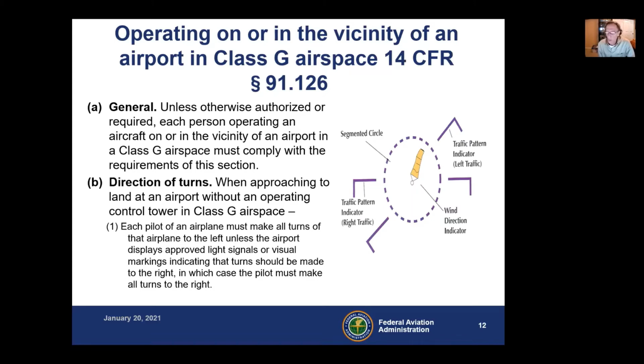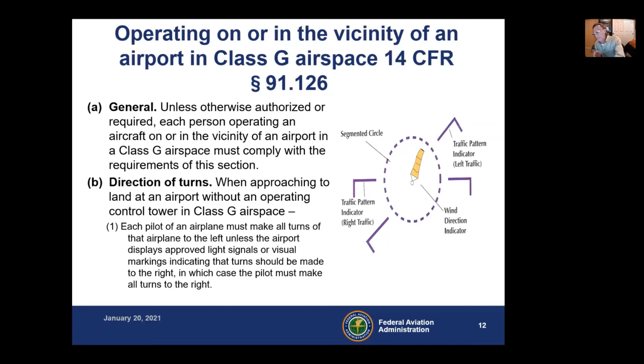Direction of turns. When approaching to land at an airport without an operating control tower in Class G, each pilot of an airplane must make all turns of that airplane to the left unless the airport displays approved light signals or visual markings indicating that the turn should be made to the right.